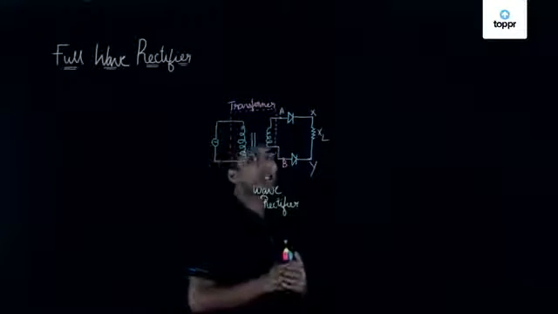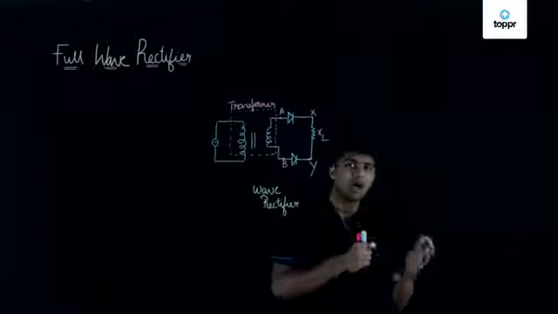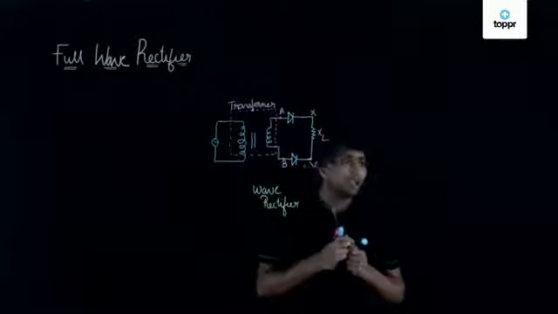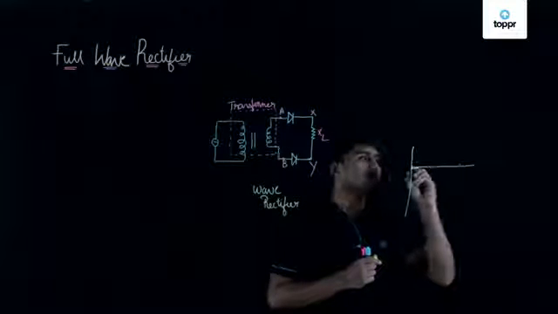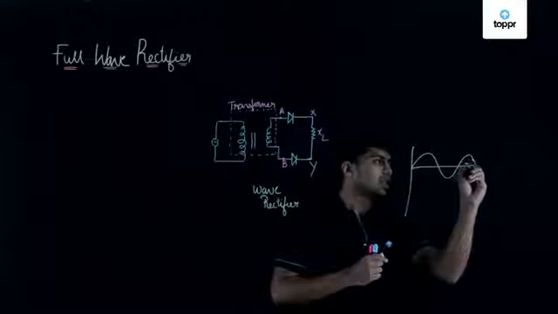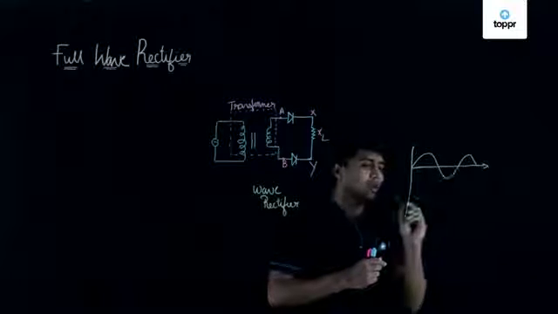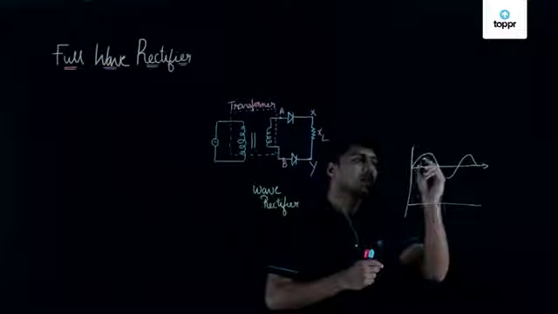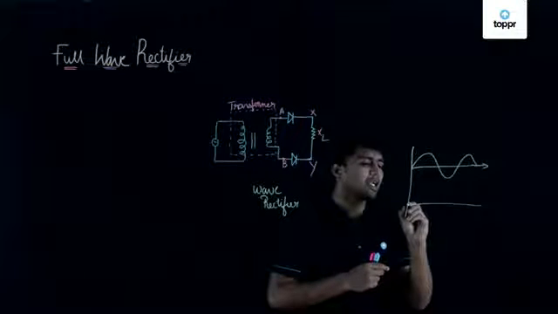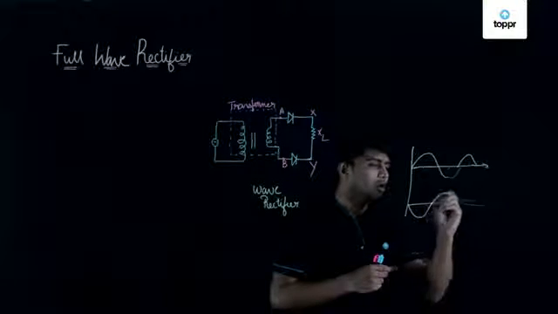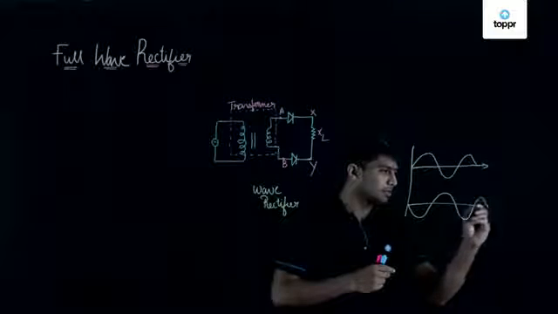So when we discuss the input and output of a full wave rectifier, we can draw the characteristic of Vi like this. If we give an input cycle like this, then both cycles, the upper side and the lower side, will get rectified, which means we will get an output like this.